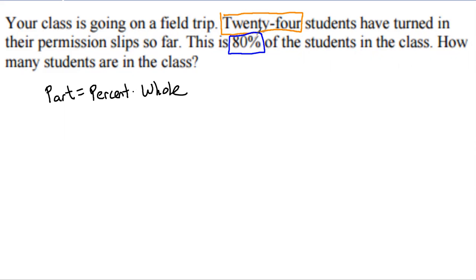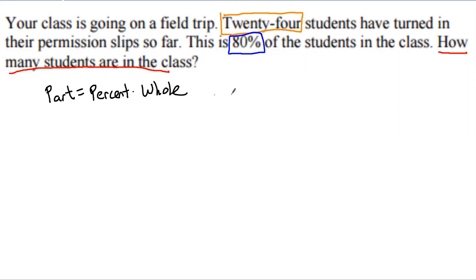So as long as we can get these numbers in the right spots in this equation, we'll be good to go. And then of course, we need to make sure we're clear on what they're asking for. Is that how many students are in the class? Is that more of the part or is that the whole?